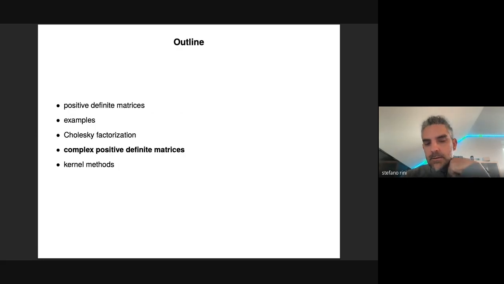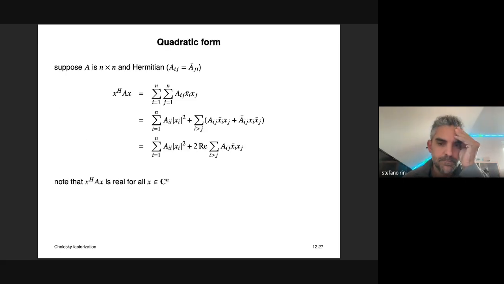Very nice. Just a little bit of discussion of complex matrices, and what happens in that case. In the complex case, the quadratic form will involve the Hermitian instead of the transpose, and the quadratic expression will have this form. Here we will have the norm, where we intend this norm to be on the complex L2 plane. Here we will have x conjugate i times xj, right? So the sign of the complex part is flipped.